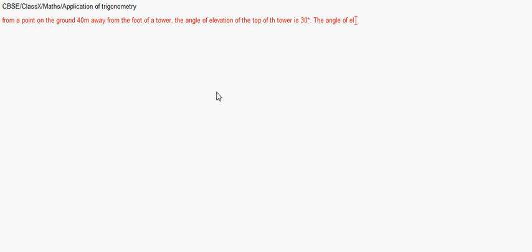The angle of elevation of the top of a water tank, which is on the top of the tower, is 45 degrees.